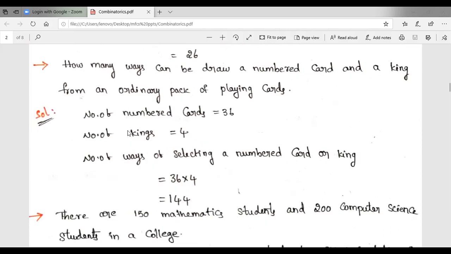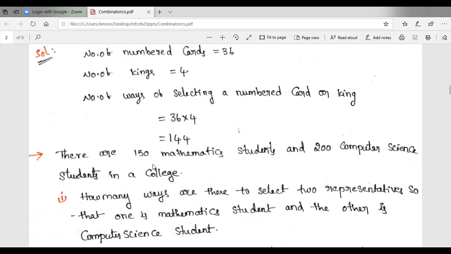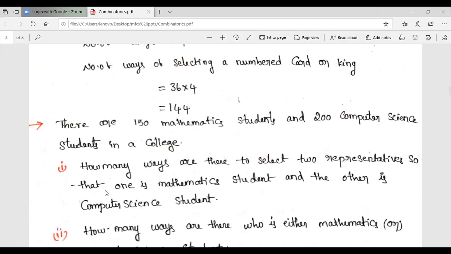Next, there are 150 mathematics students and 200 computer science students in a college. First question: how many ways are there to select two representatives, so that one is a mathematics student and the other is a computer science student?